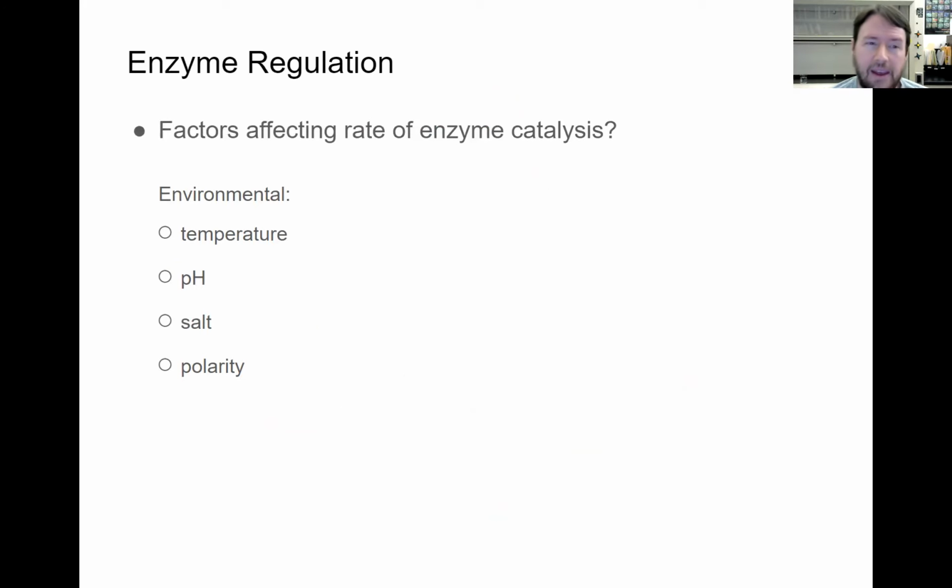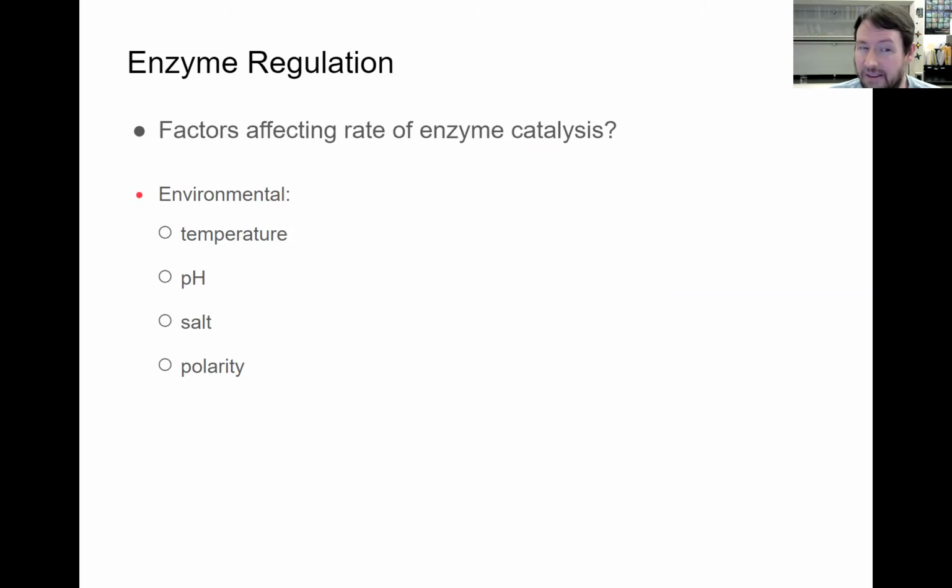How are enzymes regulated? What things can affect the rate of enzyme catalysis? Well, if we remember back to our discussion of proteins, we talked about the different things that can denature a protein, and anything that can denature a protein can affect the activity of an enzyme.